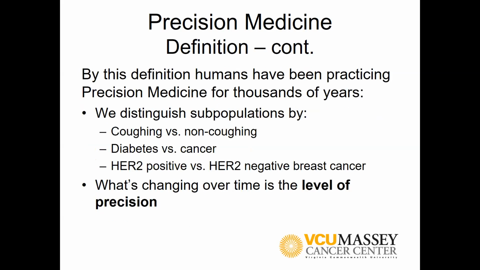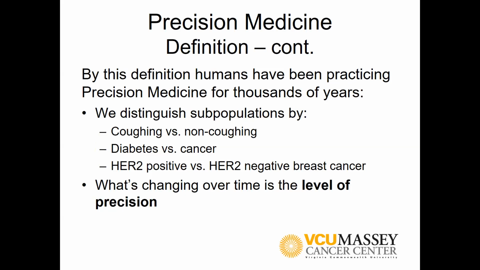So if you look at this kind of setting up subpopulations based on diseases, we've actually been doing precision medicine for a long time. Even in the Middle Ages, we were able to distinguish between people who were coughing or not coughing, or later people who had diabetes or cancer.